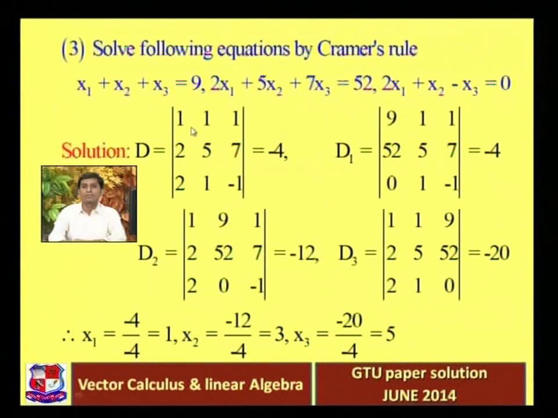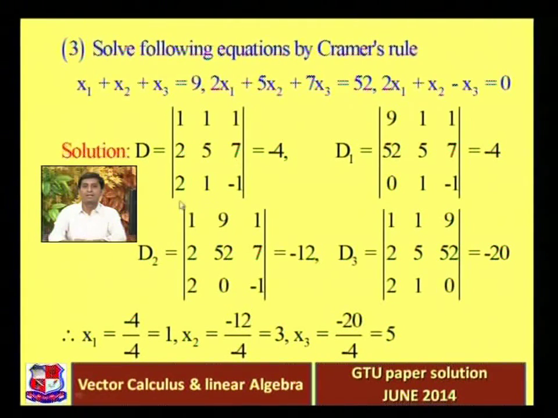So just try to find out this determinant. 1 into, this is minus 5 minus 7, right? So minus 12. Then minus 1 into minus 2 minus 14, right?